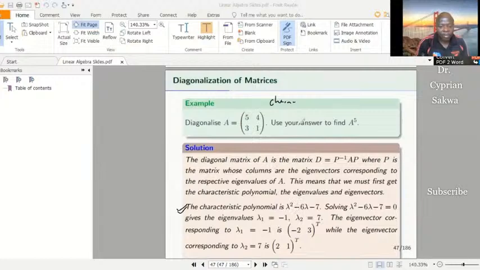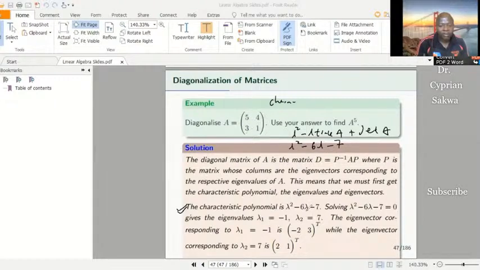It will be lambda square minus the trace of A times lambda, plus the determinant of A. The trace of A is 6, and the determinant of this is -7.